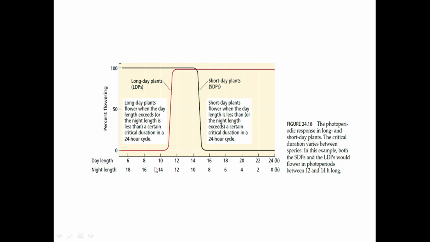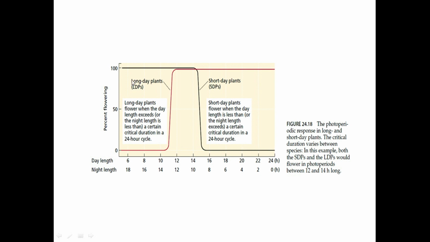At 18 hours, 16 hours, 14 hours, 12 hours, the percentage of flowering is always 100%. But after a certain period, when the night length is not sufficiently long, the percentage of flowering decreases to 0%.